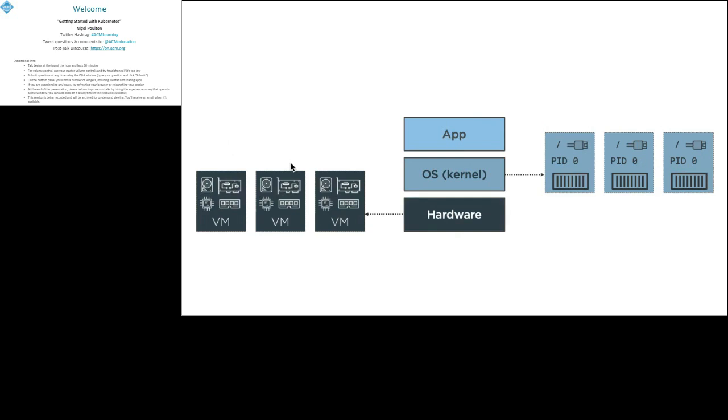On the right-hand side of the slide now, we're looking at the container model. On the left-hand side, at the hardware level, is hypervisor-based virtualization. On the right-hand side is container-based virtualization. So we've gone up a level in the stack. Instead of slicing up a physical server, we're slicing up an operating system. Instead of getting a virtual CPU, we would get a virtual process tree.